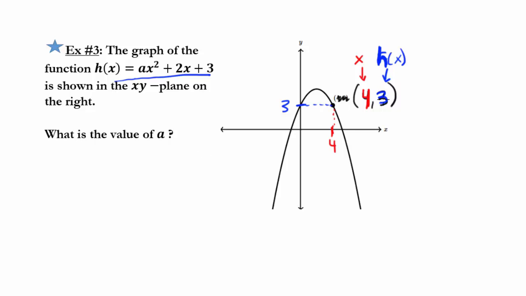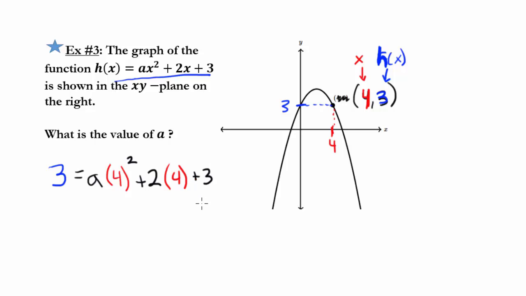So when h of x is 3, I know that equals ax squared plus 2x plus 3, but I know that x is 4. So this is a times 4 squared plus 2 times 4, plus 3.